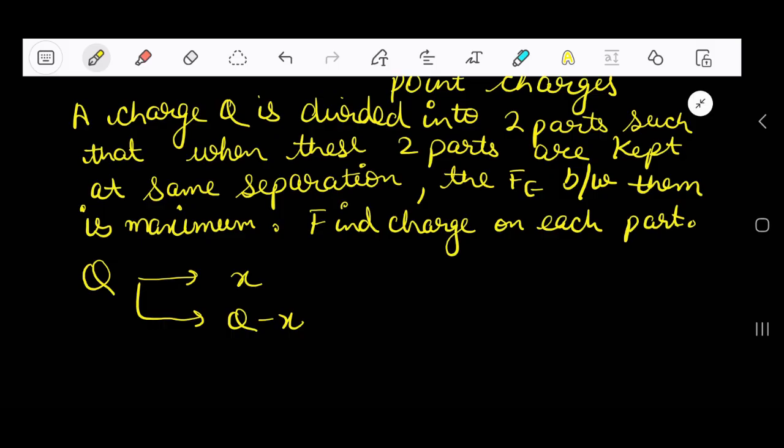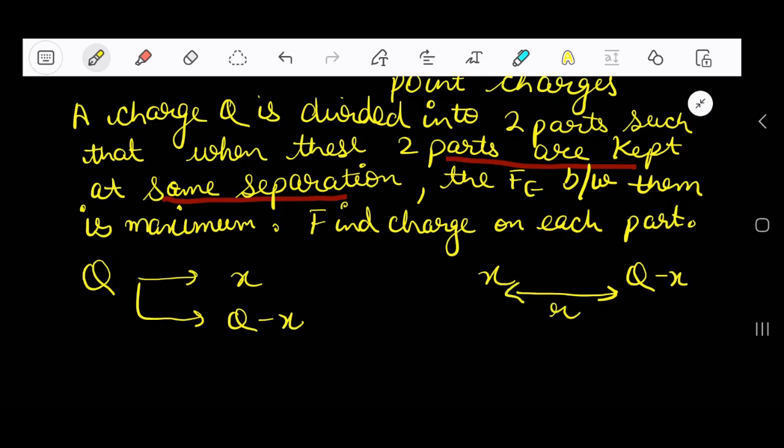Now it is said that when these two parts are kept at some separation, let us say that charges x and q minus x are kept at some separation r.